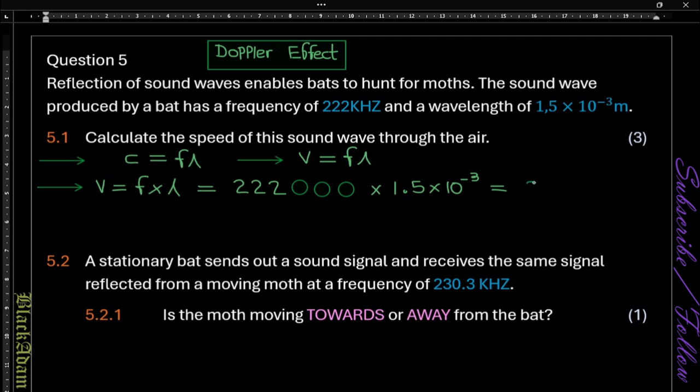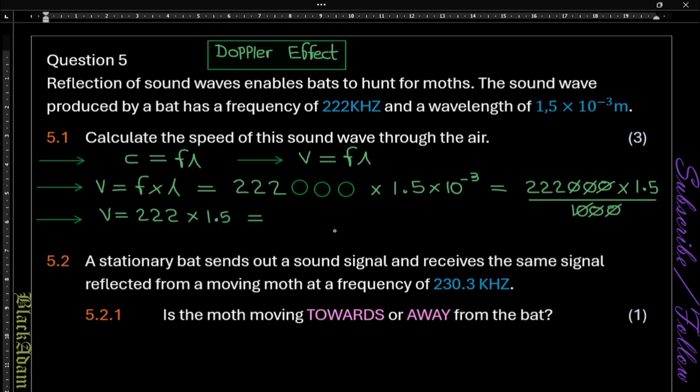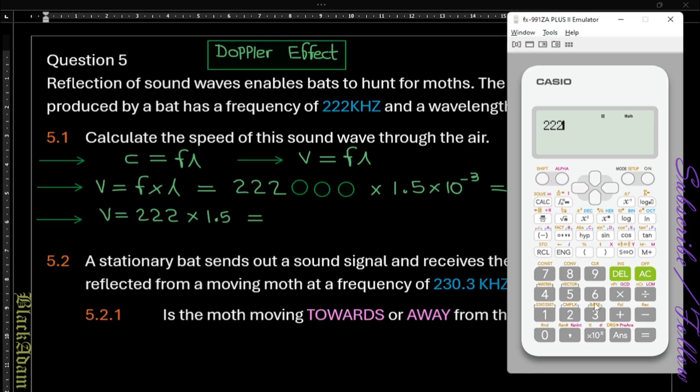That can be rewritten as 222,000 multiplied by 1.5 divided by 10 to the power 3, which is 1,000. So the 3 zeros cancel each other, and now we have our speed as 222 multiplied by 1.5.